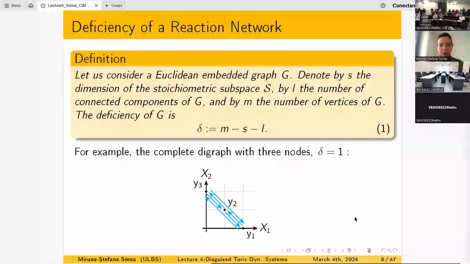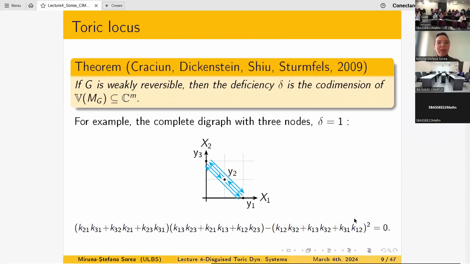Why do we care about this deficiency? Besides the fact that there are some other theorems that directly infer some results just by looking at the deficiency, like the deficiency 0 theorem and so on, I don't mention too much now.